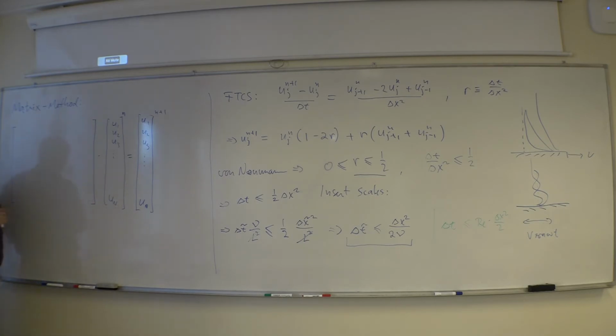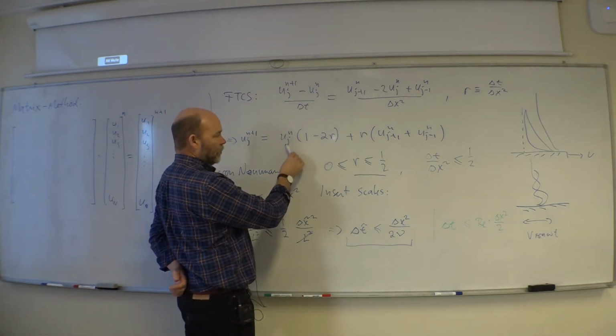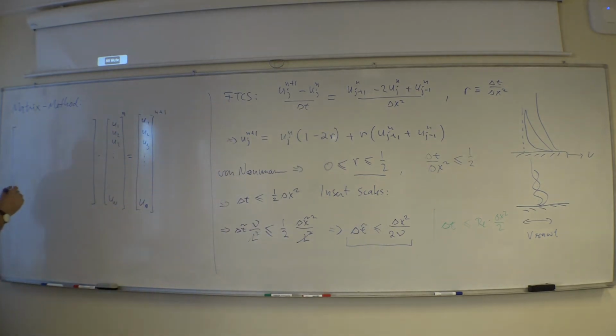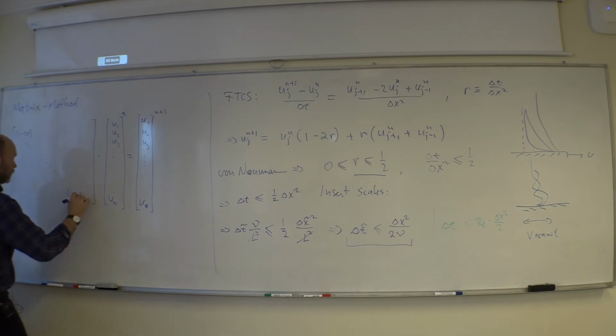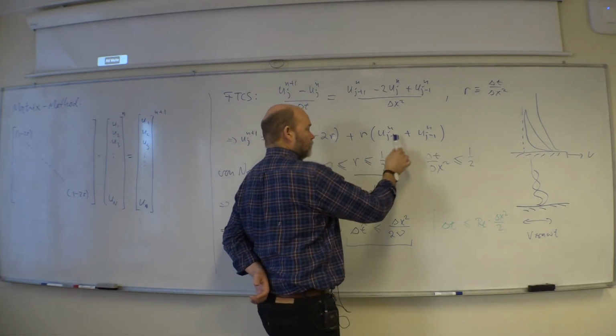How will it look like? Well, you will have the center point having this coefficient 1 minus 2r. Of course, that one you will find all the way on the diagonal, all the way down here, 1 minus 2r, so that's okay. But then you need the neighbors.